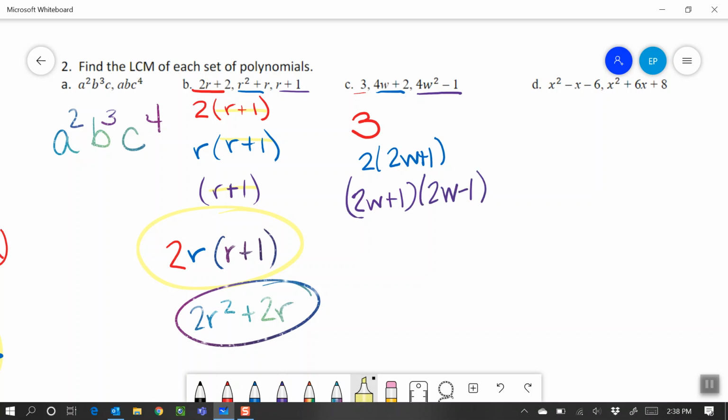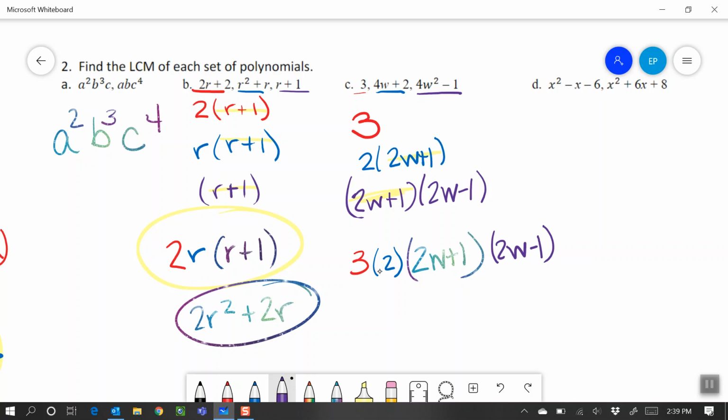So what I'm going to do first is I'm going to highlight what's the same. Same and same. So I'm going to write that down first. So 2w plus 1. That's the same. Then, based on the colors, what do I not have included? So I have a 3 times a 2 from the blue, and then in the purple I have 2w minus 1.